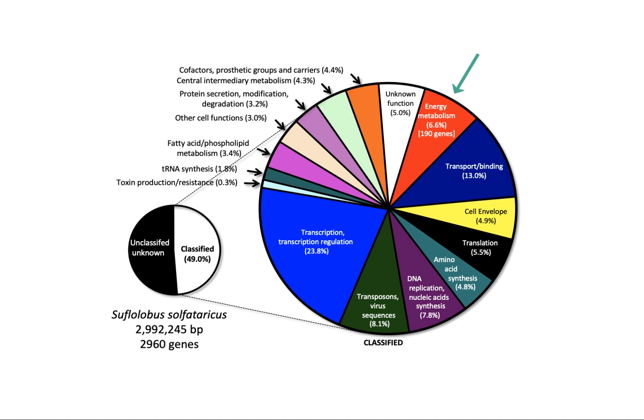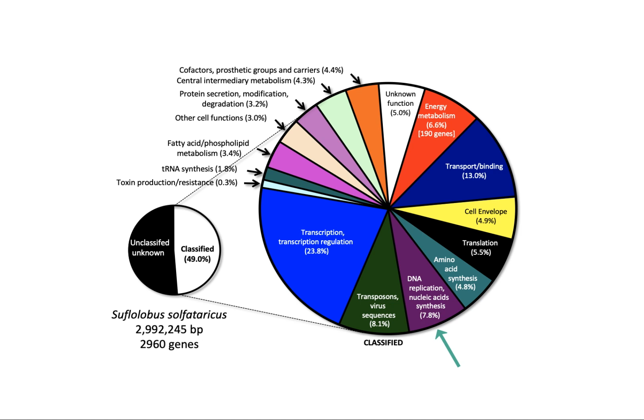6.6% is devoted to energy metabolism. This is lower than a lot of other bacteria or archaea. And so it may be that since it has a ready supply of protons and ATP, and it has a lot of thermal energy, that it devotes less of its genome to energy metabolism.